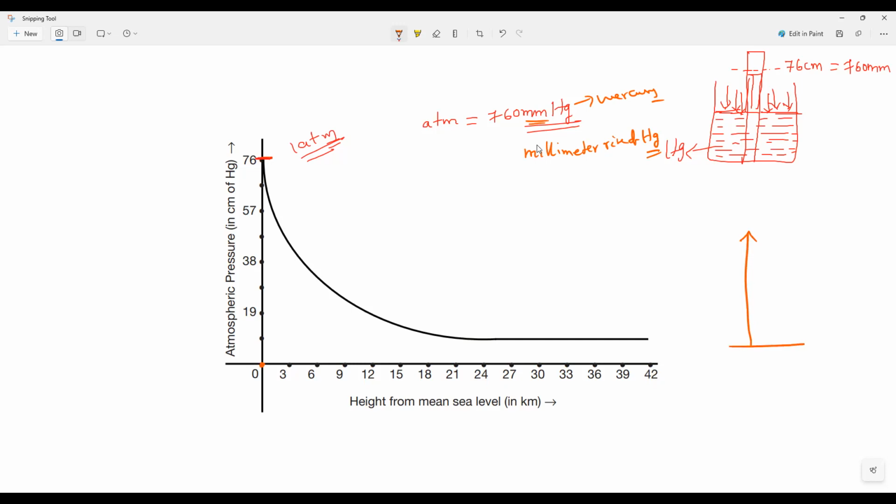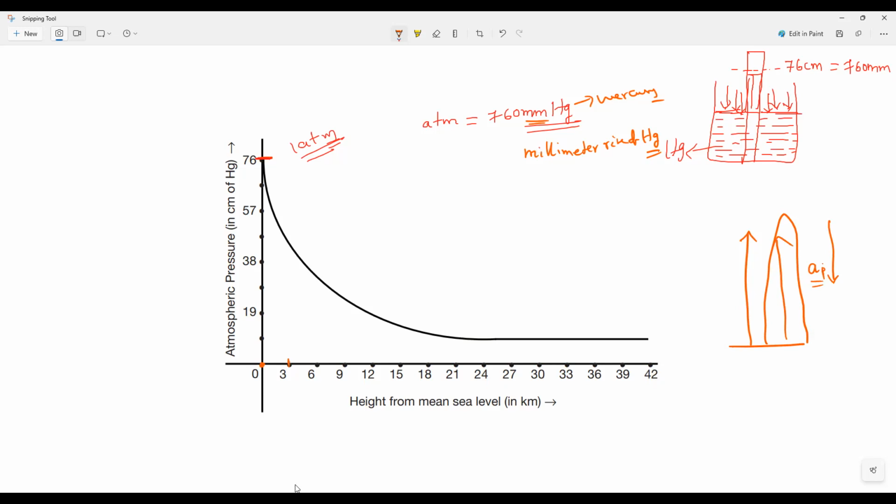Now, I already taught you, if you keep going above the ground, does atmospheric pressure decrease or increase? If you are climbing mountains, does it decrease or increase? Decreases. Do you understand? So atmospheric pressure decreases as you keep going up. This is what it indicates.